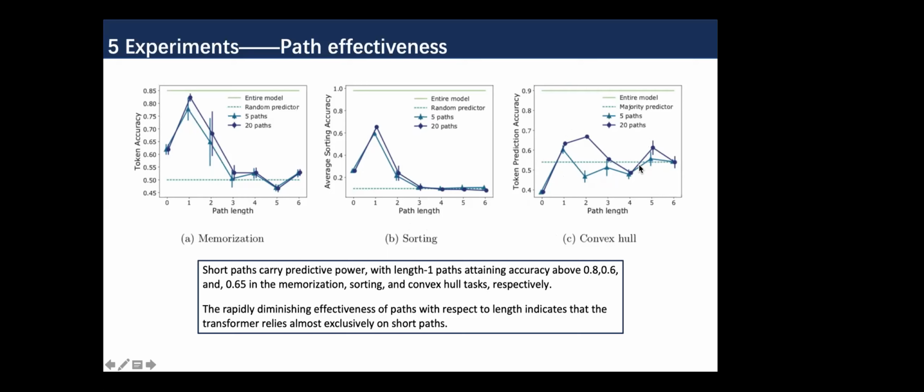So this picture shows that the rapid diminished effectiveness of paths with respect to length indicates that the transformer relies almost exclusively on short paths. You can see that when the path gets longer, the accuracy doesn't get higher.